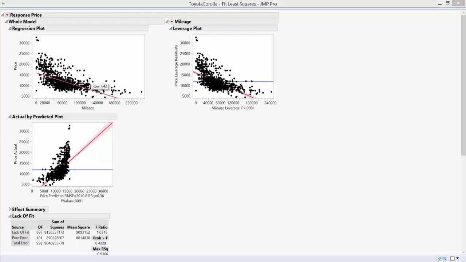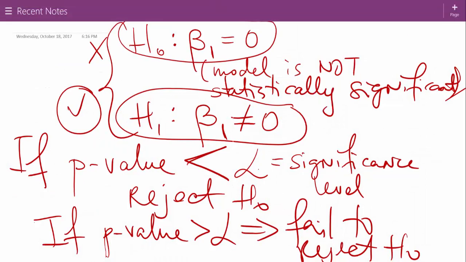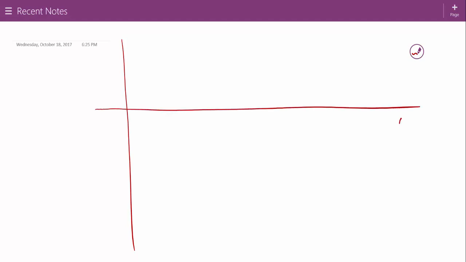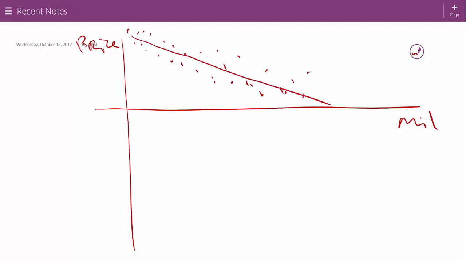So here's what happens. Every time I have a regression, let me be simplistic about that, okay? So here, that's my mileage, and that's my price, okay? Price starts high, and then it goes down like that. I fit the regression, and it goes something like that.